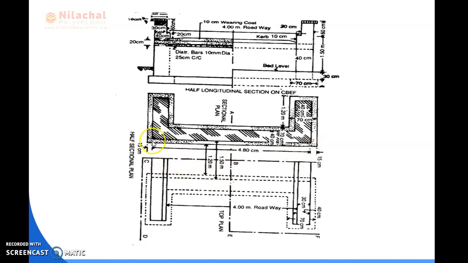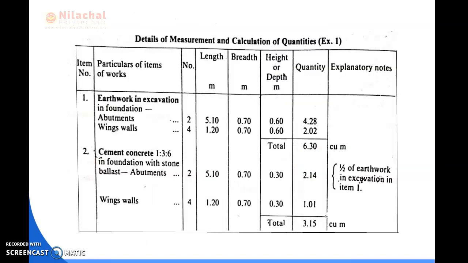Here the offset is 15 centimeter plus the brickwork to brickwork distance of 480 centimeter plus 15 centimeter. Then the total length of the abutment is 5.1 meter. Here the length is 5.1.